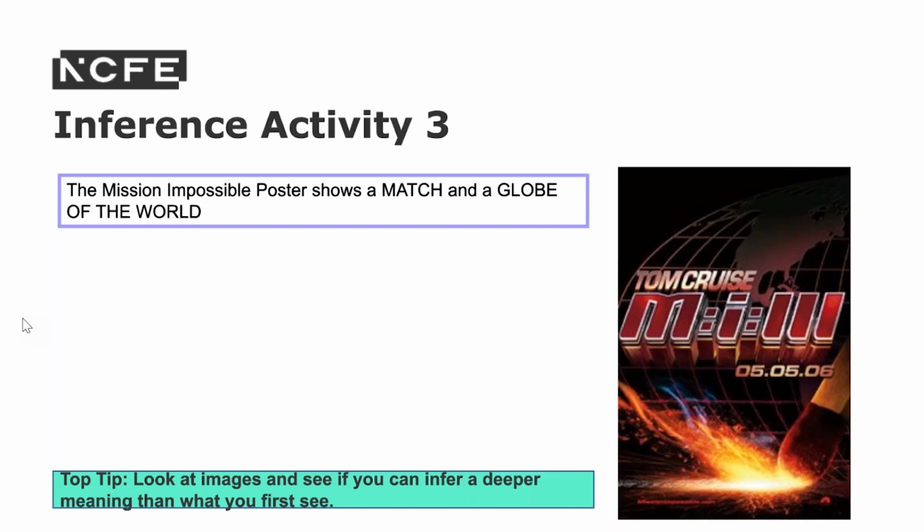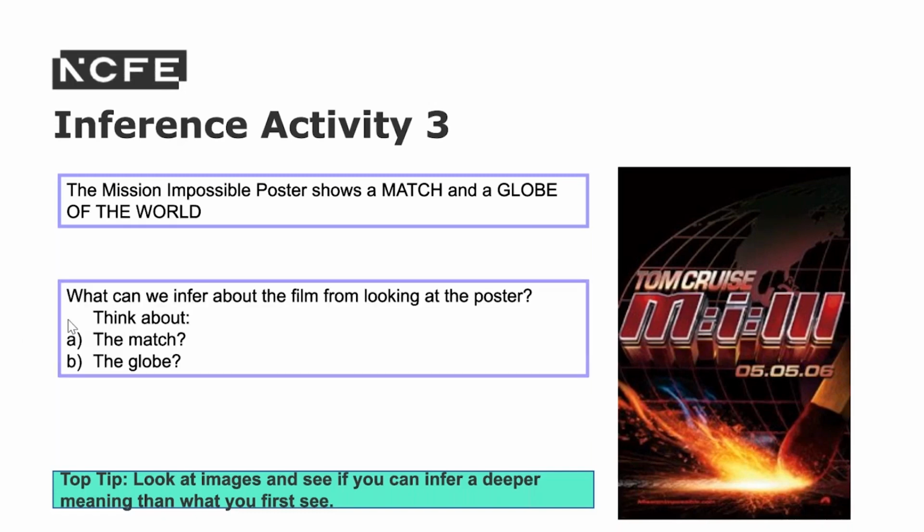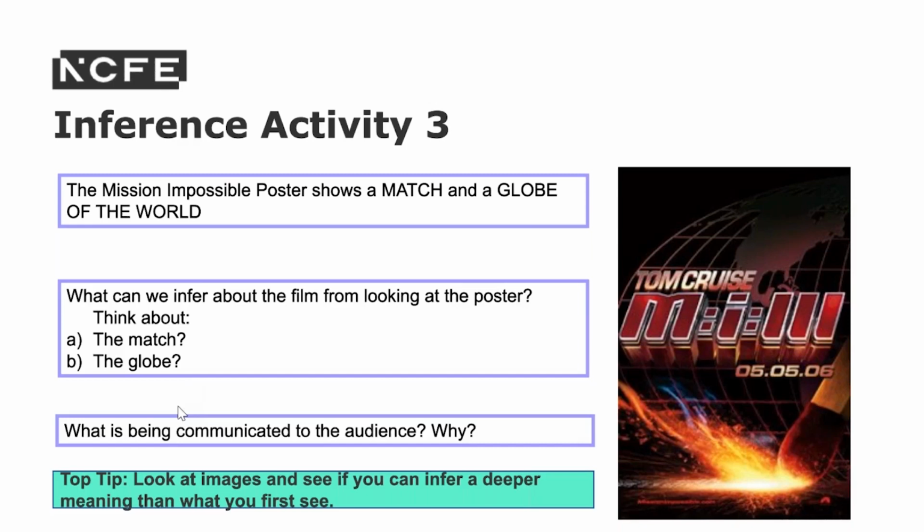So what could this suggest? So the match, this could be suggesting that the world could be in danger. The globe, that it's on a big scale. And the use of technology also helps us to show that it's modern with the types of font and the writing that's used.